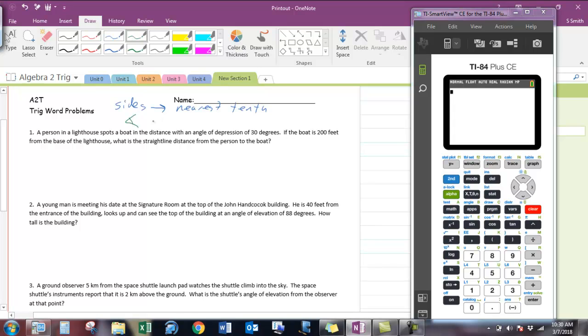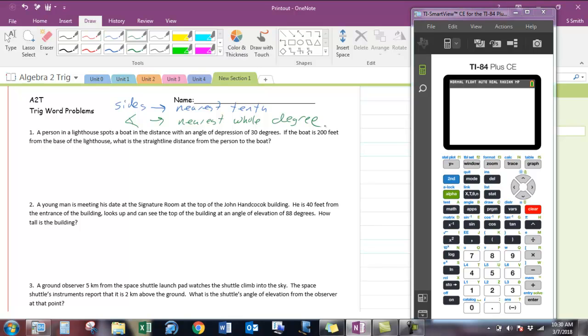And if you're trying to find an angle, I want you to round all of those to the nearest whole degree. Alright, so sides we're only going to round to one decimal place. Angles we're going to round to the nearest whole degree. All of these are going to be nasty. Our calculator is going to help us with all of these, but those are our ground rules. Sides to the nearest tenth, angles to the nearest whole degree.